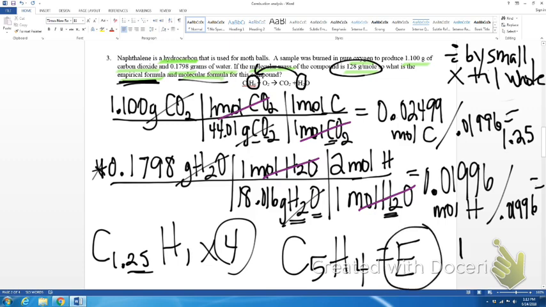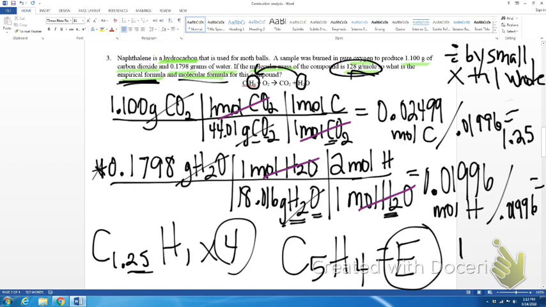Okay. Then the molecular formula is, remember, we are always going to compare to the 128, so I'm going to round for this purpose. 5 carbons at 12 apiece, I'm going to round, is 60, plus 4 hydrogens at 1 apiece is 64.